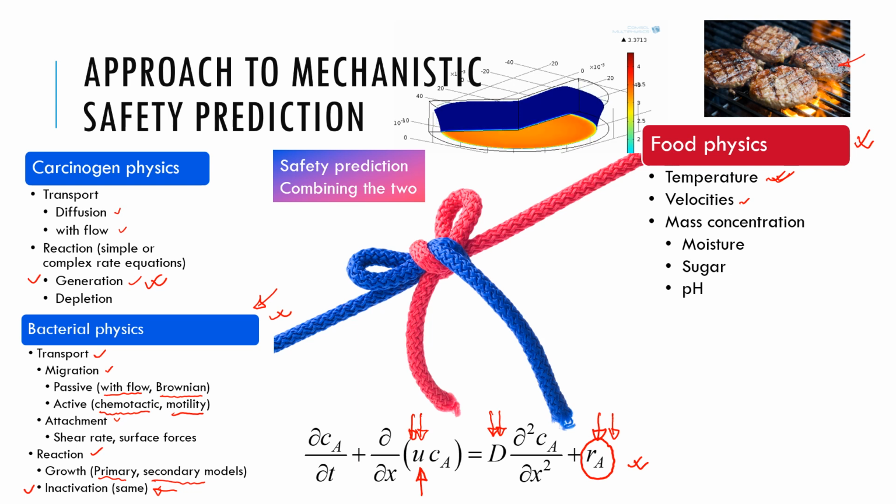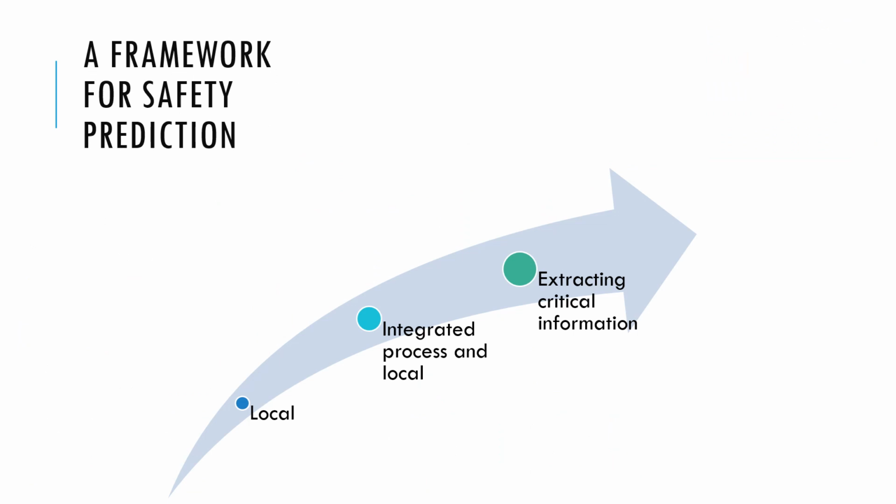So the framework for safety prediction combines the two physics. One is the food physics, and the other is either the bacterial physics or the carcinogen physics, or both. It is the combination that gives the safety prediction framework. So combining the two physics is the main idea.